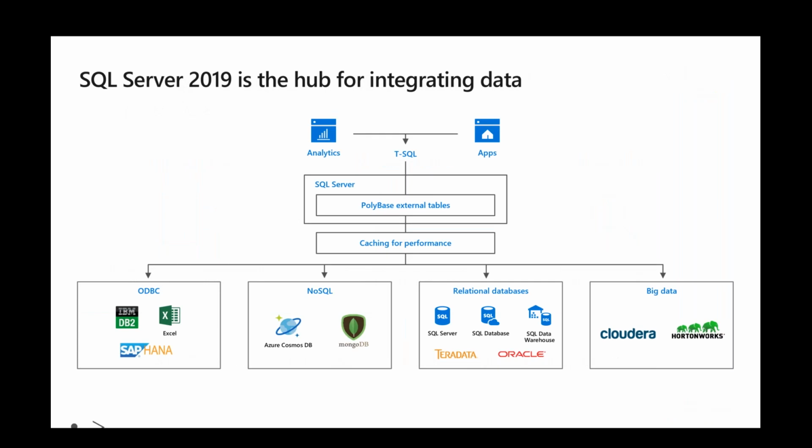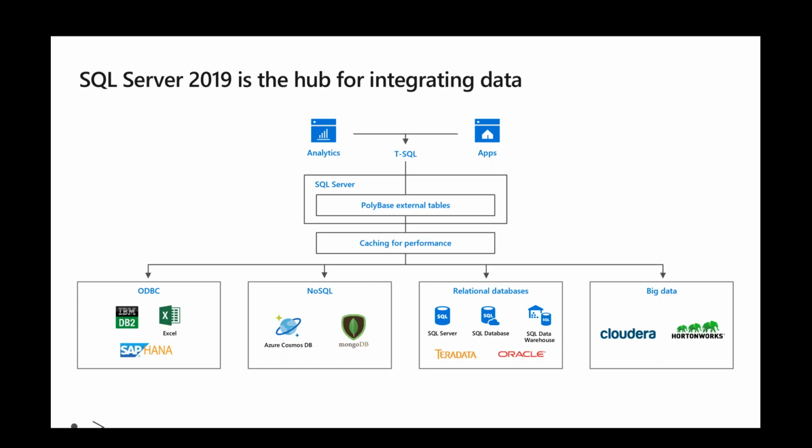One of the other key things in 2019 is you can now use it as a hub for integrating all of your data. That PolyBase capability that used to exist, we've taken it to the next level, where now you can use T-SQL to query any data source, whether it's HANA, Oracle, Teradata, Cosmos DB or anything, and do it in a very performant manner because of that caching layer that scales out.